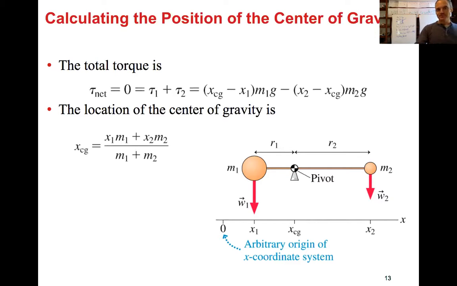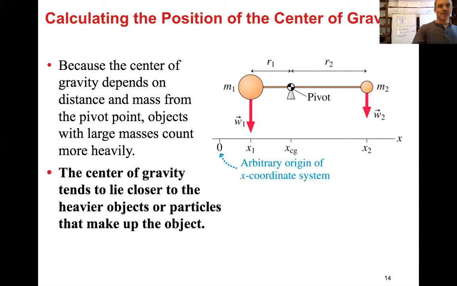So that's how you find the center of gravity. You have to know positions, you have to know masses, but that's how you would find it. Because the center of gravity depends on not just the mass itself, but how far the mass is from the center. And the center of gravity tends to lie closer to the heavier objects, of course, in a balanced system. So it's not just where the objects are, but how heavy they are.